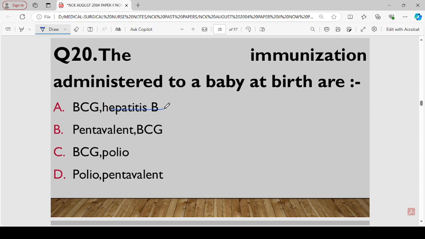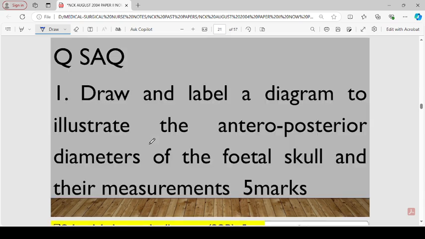That's why we need that. So if you're working in Kenya, we will need BCG and birth polio as the vaccines that will be administered at birth, right? As I said, this will be different when you are working in other countries. But remember, KNEC, this is an exam administered in the Republic of Kenya. So we have to go by that to get the correct score here, and that is option C.